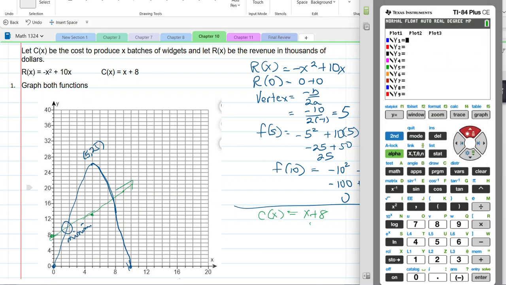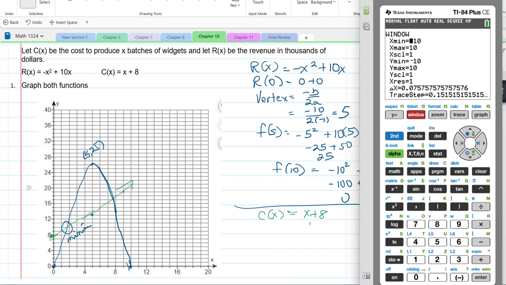I'm going to enter the negative x squared plus 10x on the first line. On the second line, I'm going to enter the x plus 8. And I need this graph here, so I'm going to go to my window.